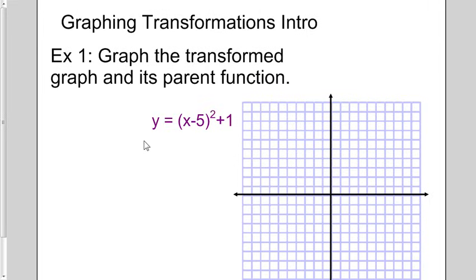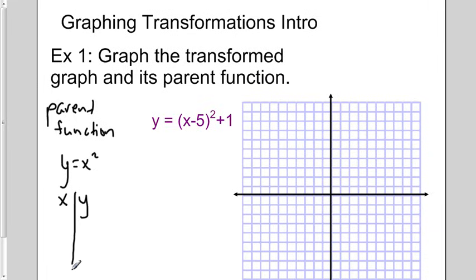So here the parent function is y equals x squared in this case. So let's make a table for this. Let's do a little xy table. We'll start at -2, we'll go -1, 0, 1, and 2.